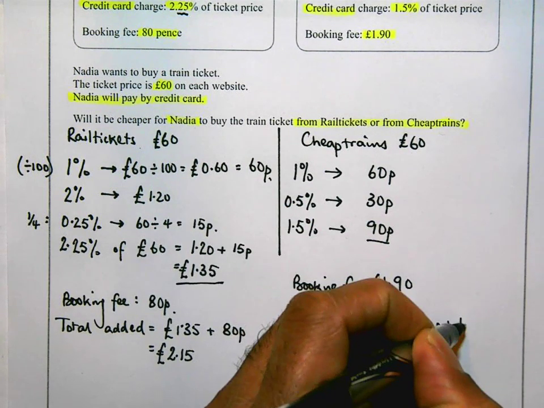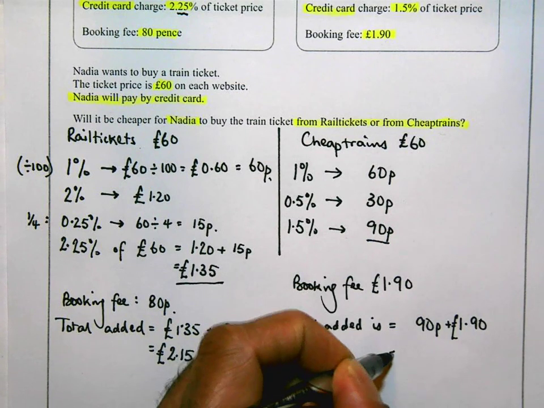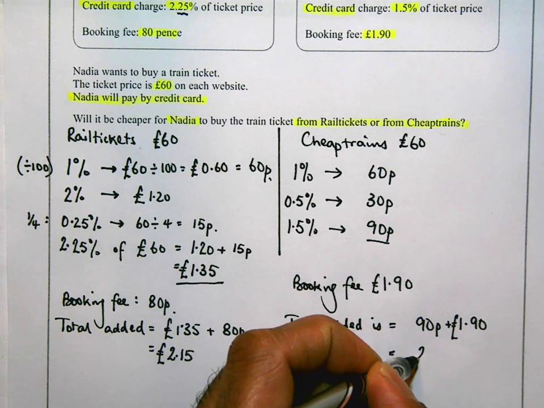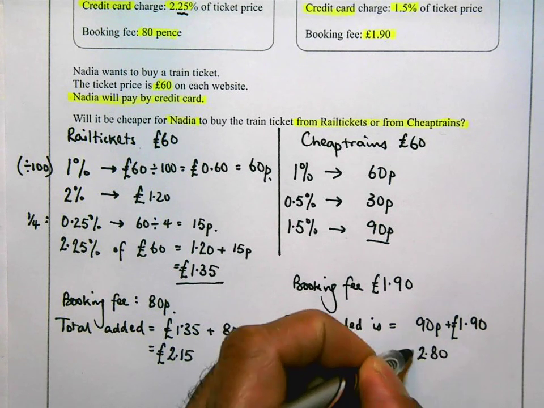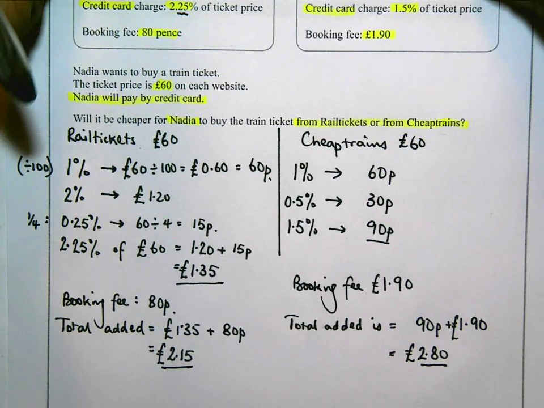If I work that out, 90 pence plus £1.90, that's £2.80. I'm going to raise this up now because I'm going to write a sentence to say what the difference is. Now there's all my workings.